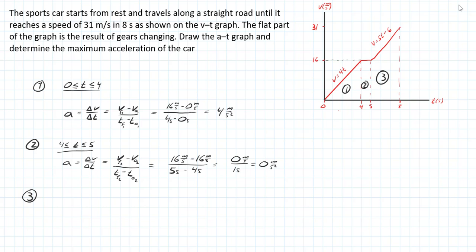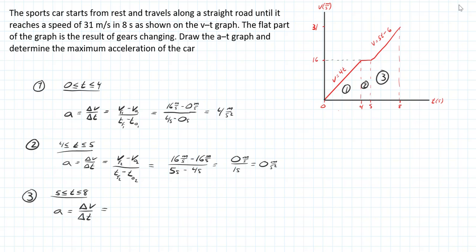The third area we're going to look at is from 5 seconds all the way to 8 seconds. Here again, we know acceleration is equal to delta v over delta t.